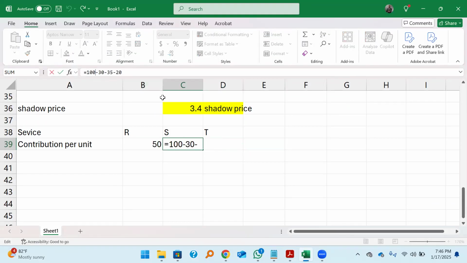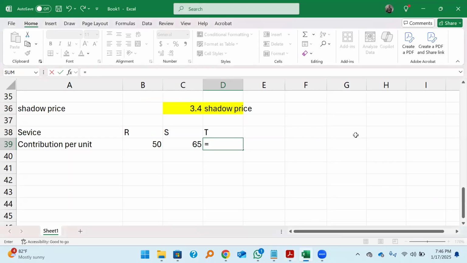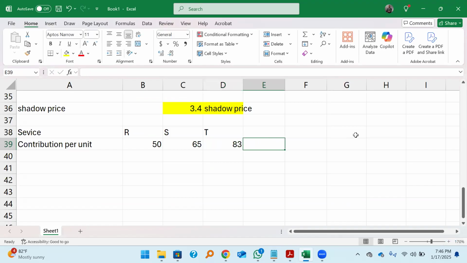This is 150. So here we have 160 minus 25 minus 30 minus 22. Okay, so we have our contribution. So 50, 65, 83 per unit.